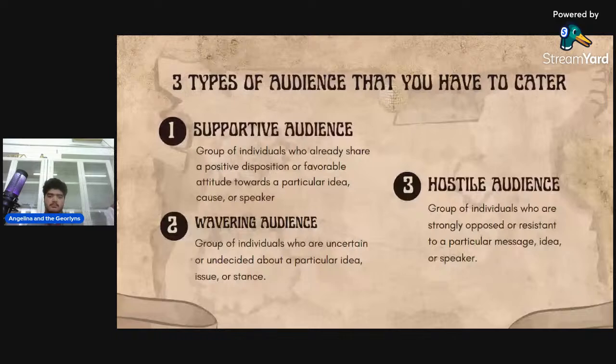Then the third one is the hostile audience. It is a group of individuals who are strongly opposed or resistant to a particular message, idea, or speaker. So a hostile audience can somewhat be troublesome to the speaker's part.